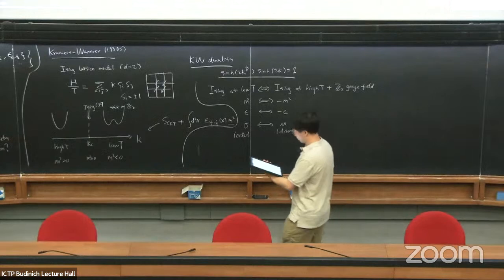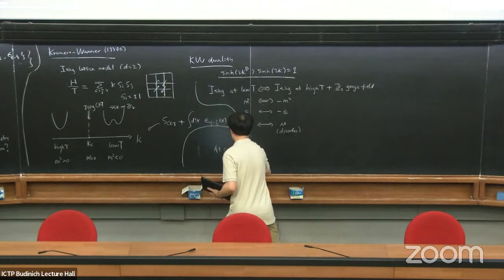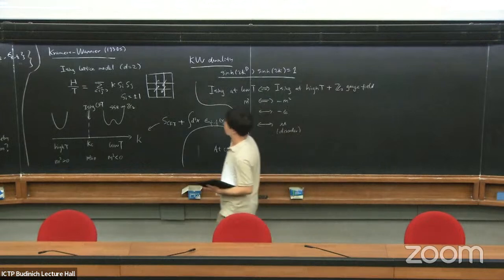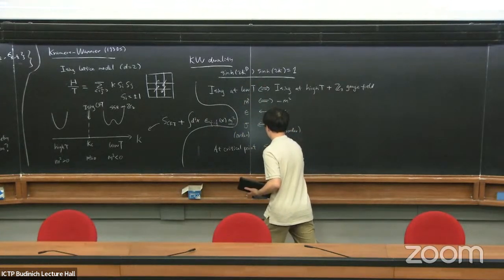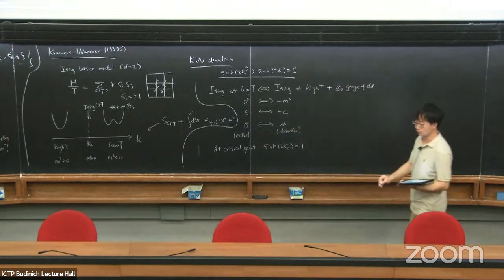All right. Then at the critical point, which in this case coincides with the self-dual point of this relation, meaning that K_c is equal to 1.